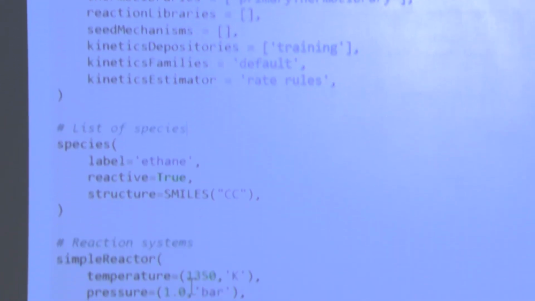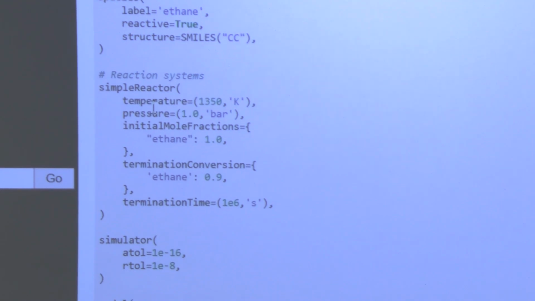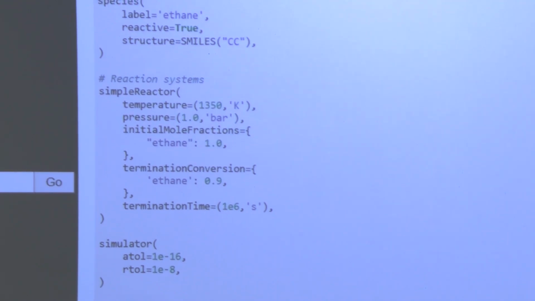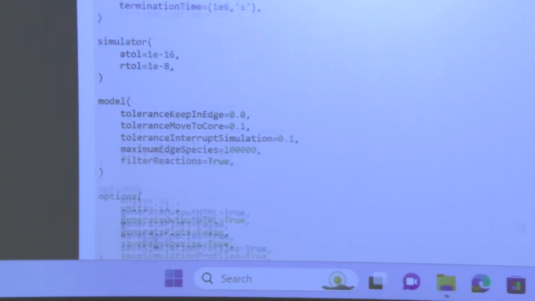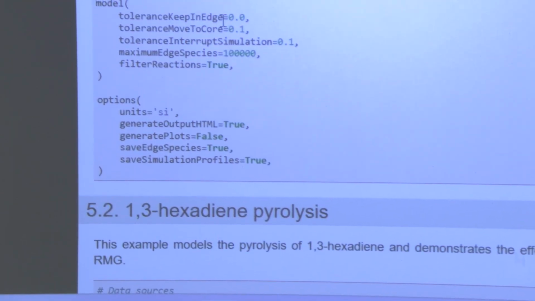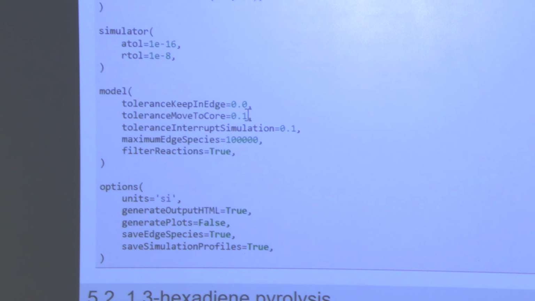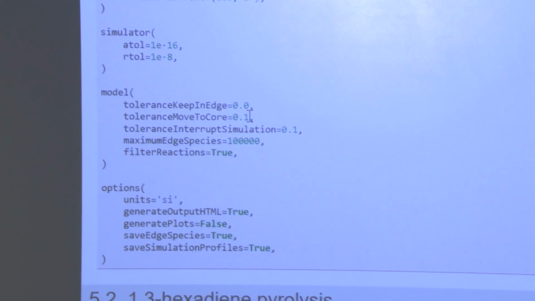And then you decide what kind of reactor you have. A simple reactor is just 0D, just reacts like a batch reactor. There are some other ones we can put in. And you set some tolerances for your simulations, also for how to include important species. Like tolerance of move to core, that means how high the rate has to be before an edge species is considered important enough to put into the model.